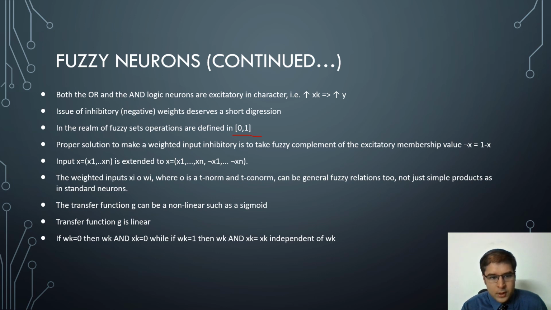The proper solution to make a weighted input inhibitory is to make the fuzzy complement of the excitatory membership value. Complement x is equal to 1 minus x. So to make the weighted input inhibitory, that is, to make the fuzzy complement of the excitatory membership value, we do complement of x.